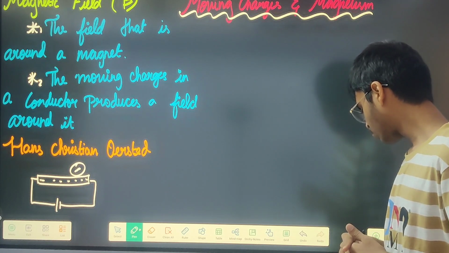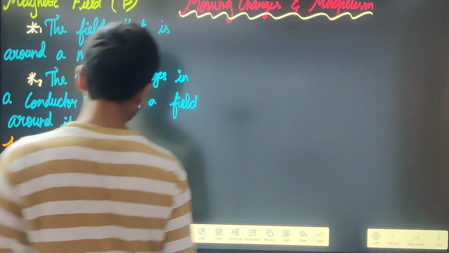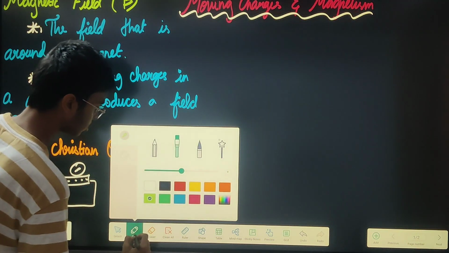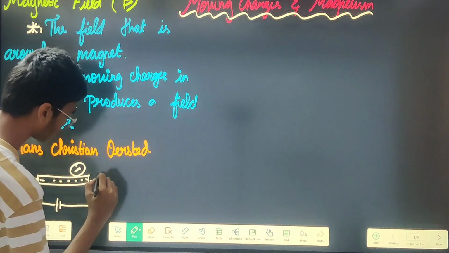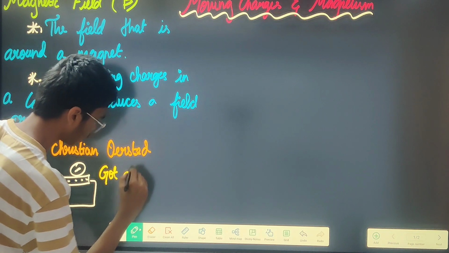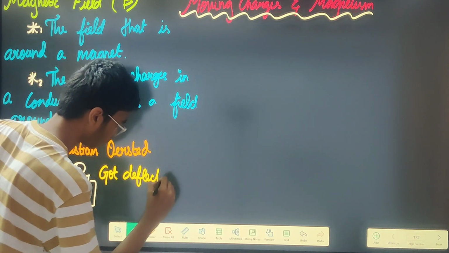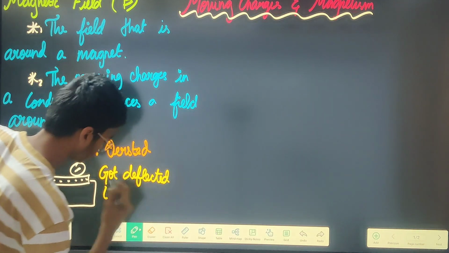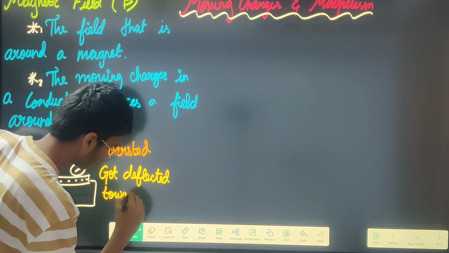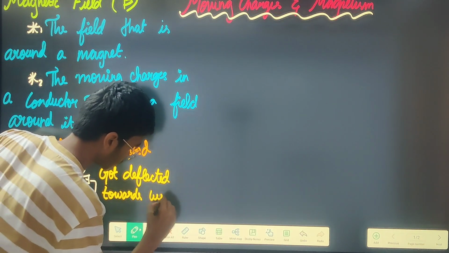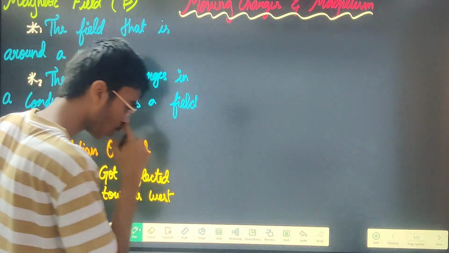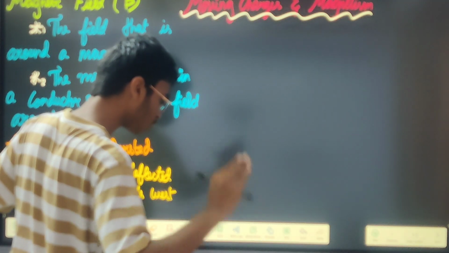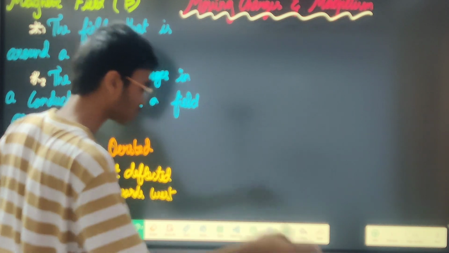It gets deflected towards the west. Then on reversing the direction of the current in the wire, the north pole of the needle gets deflected in the opposite direction.